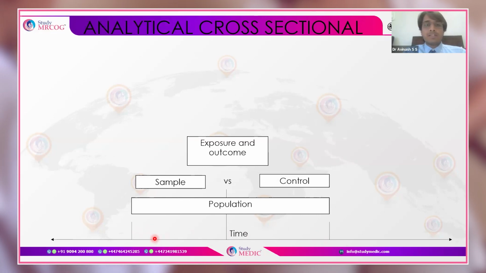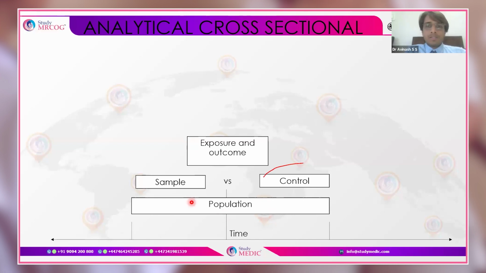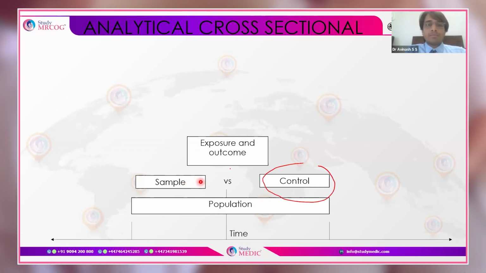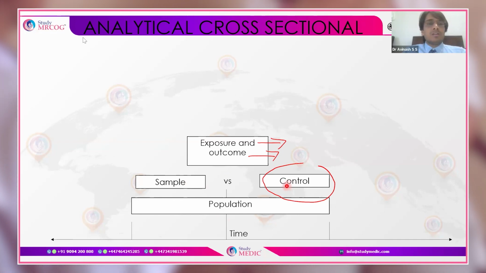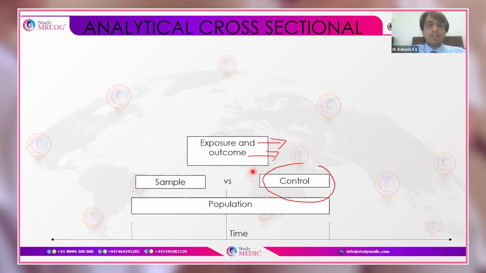The difference here is that it has a control group also, a sample and a control group which you can compare. Both the exposure and the outcome details are collected here for both the sample and the control.